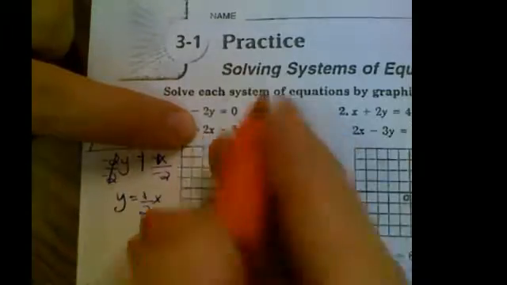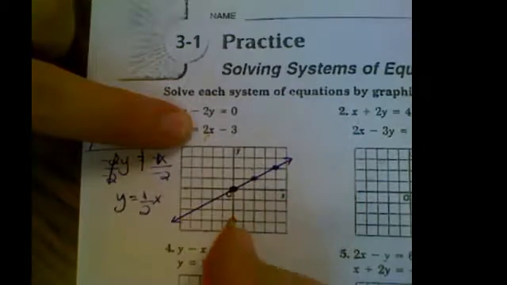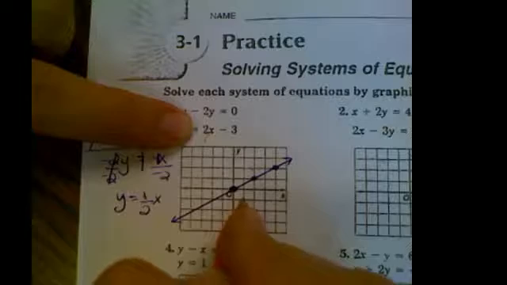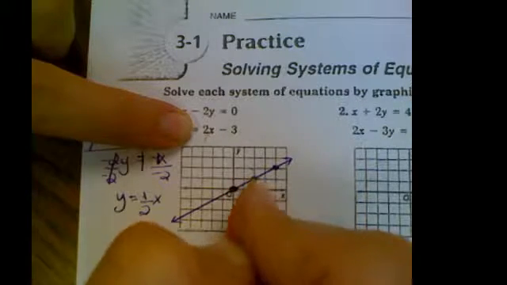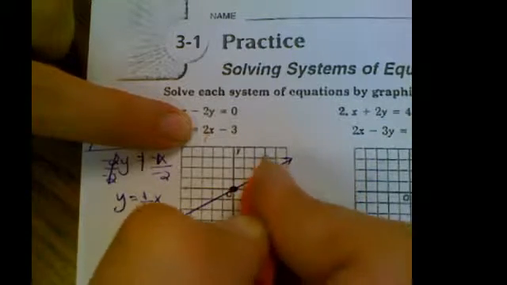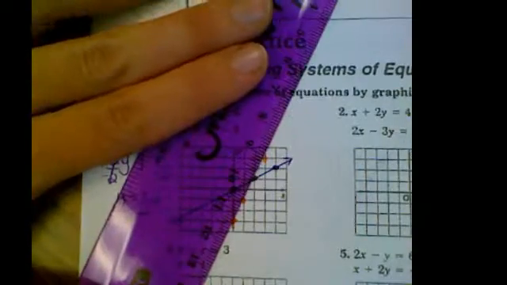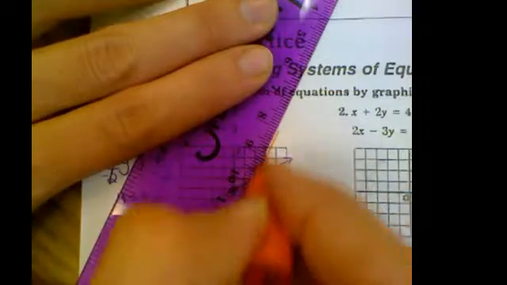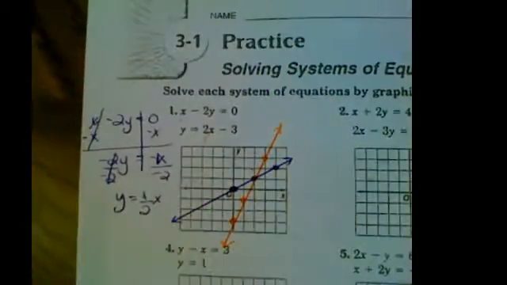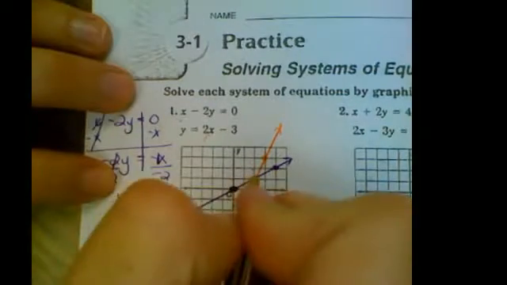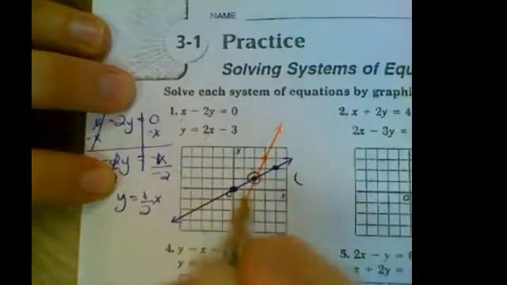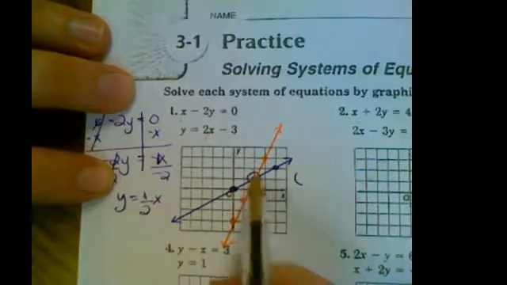My slope is 2 over 1, so I'm going to go up 2 over 1, up 2 over 1, and I could keep doing that as many times as I need to. Again, I highly recommend you use a ruler or straight edge, because it makes those lines nice and straight, and then it's quite easy to see that the ordered pair is right here. So my answer is 2, 1.